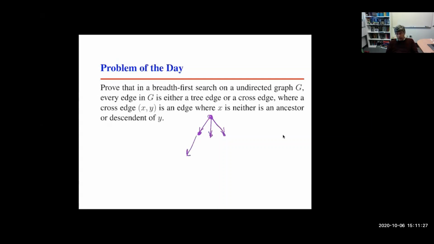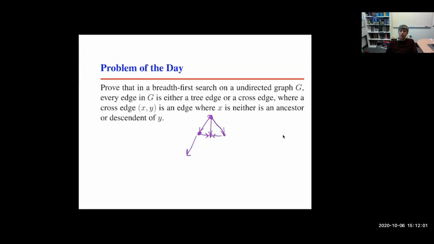Does everybody see it's also possible that I have an edge that goes to one of my brothers? As I go through my neighborhood here, the first time we visit this edge, I find it's an edge to my brother. Is it possible I have an edge that goes to a neighboring, a younger brother, an older brother?